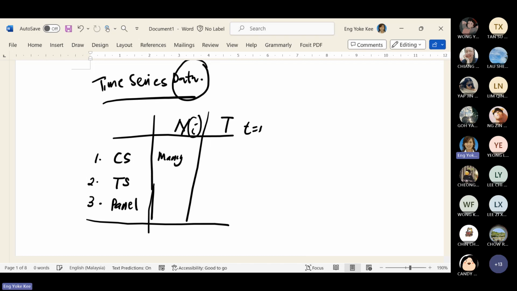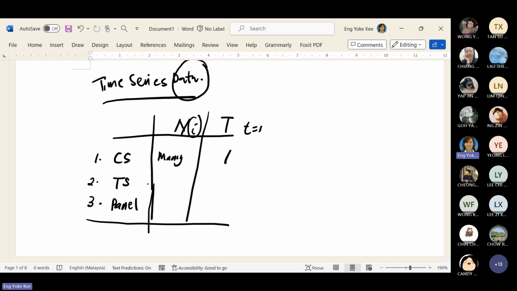T is equal to 1. For example, the midterm test result for this semester's students. So one period of time, but many cross-sectional individuals. An individual can be a student, a household, a country, and so on, depending on your scope. So this is what we call cross-sectional data.